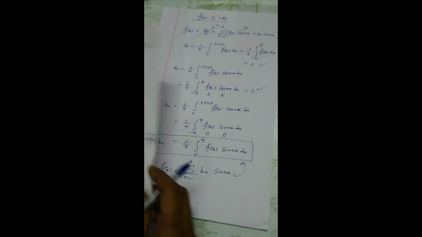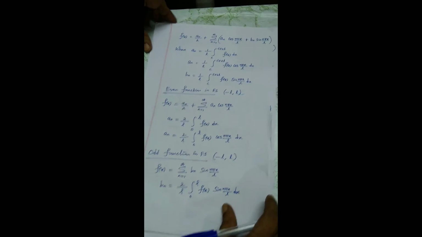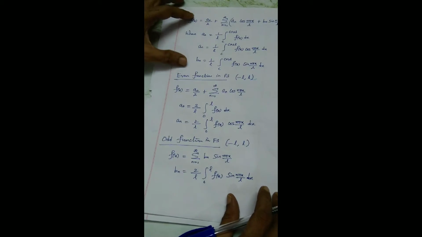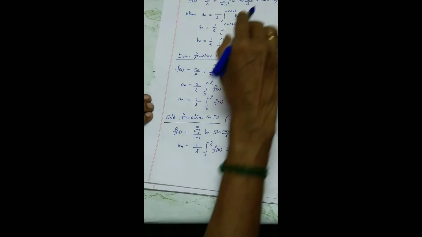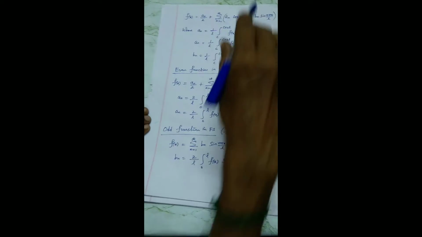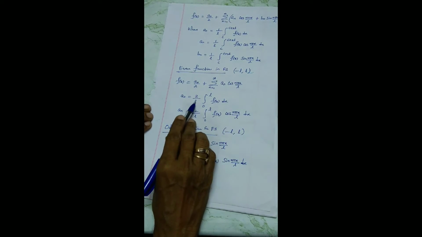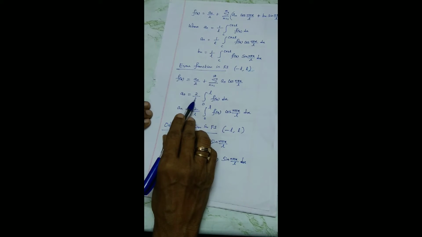Similarly, for change of interval, you take the general Fourier series. So this is the more general Fourier series, a function defined from minus L to L. Same way, just ignore Bn, write these two, and instead of pi I am replacing L: 2 by L 0 to L f of x dx.